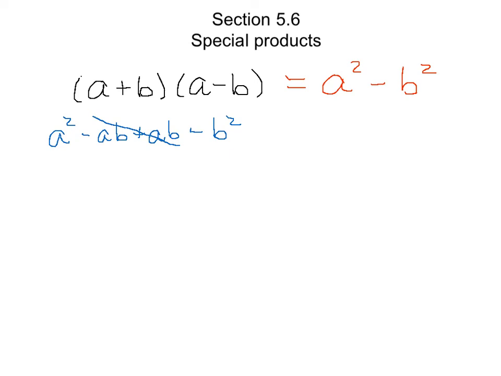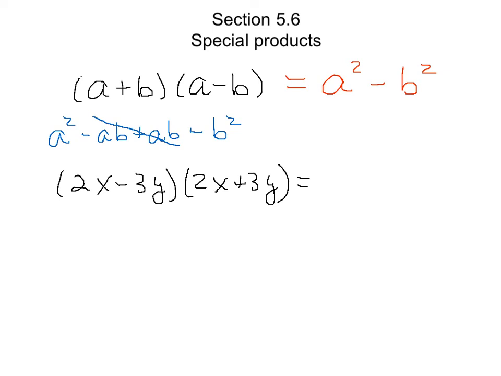So let's look at a more complicated example of that. Suppose we have 2x minus 3y times 2x plus 3y. So we have the sum and the difference of the same terms.